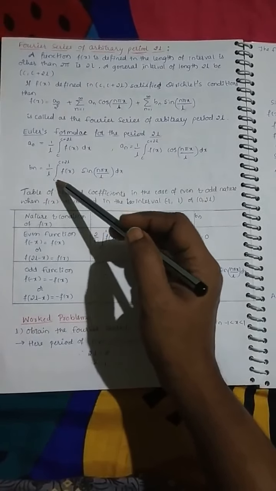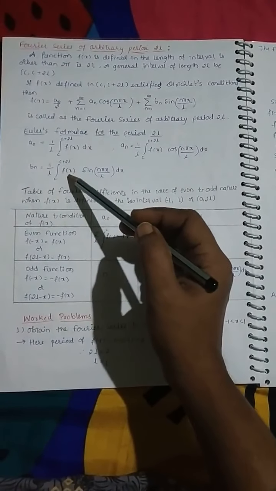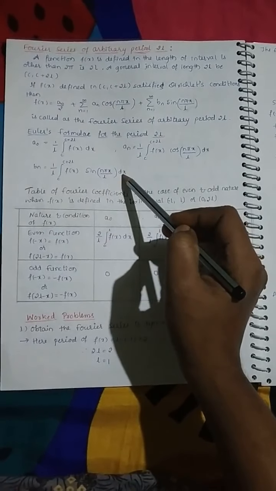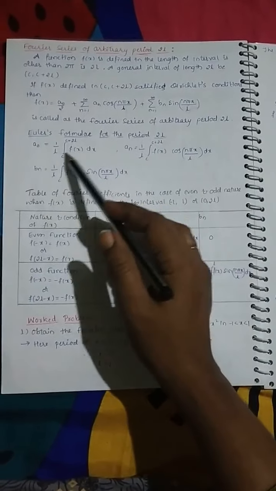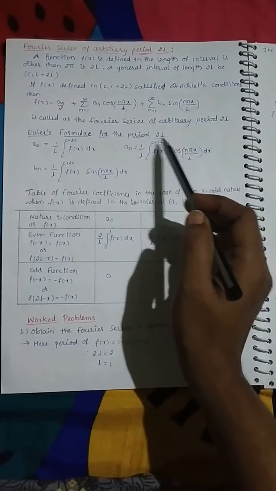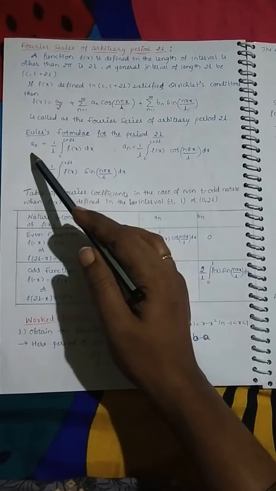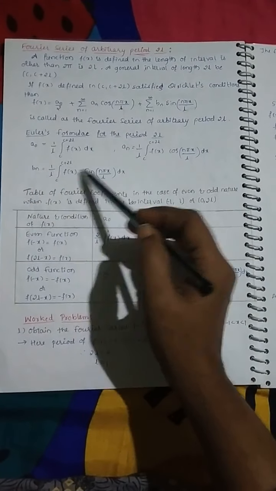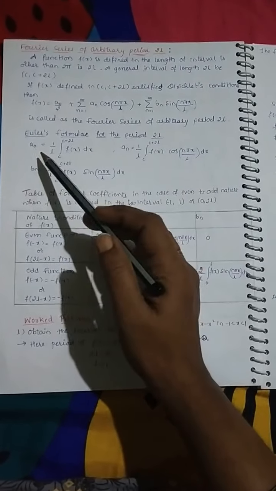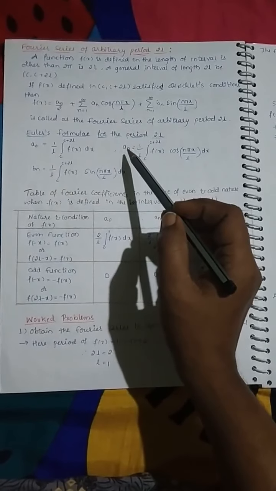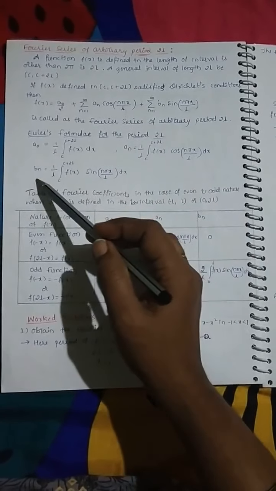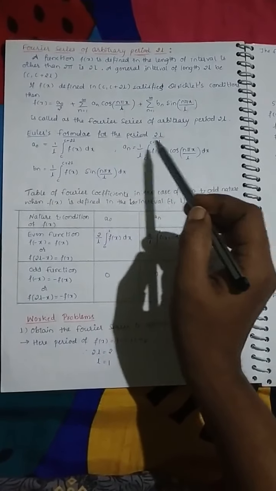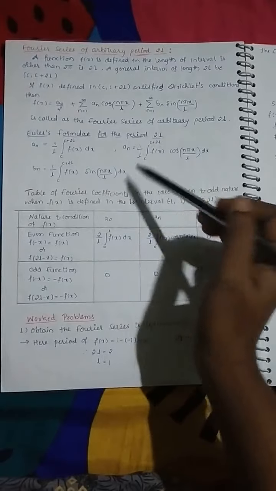Bn equals 1 by L integration c to c plus 2L f of x sin n pi x upon L dx. These are Euler's formulae, nothing but the expressions for the constant term a0 and the Fourier coefficients an and bn, for the period 2L.